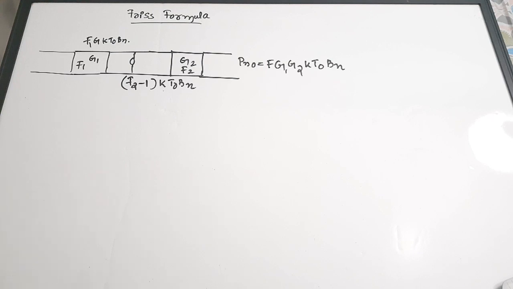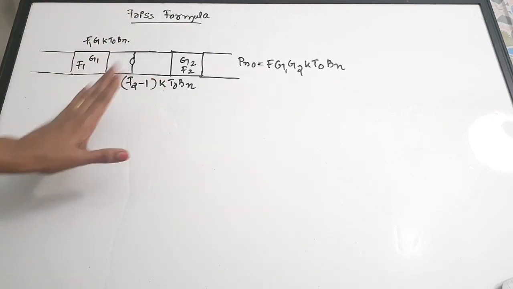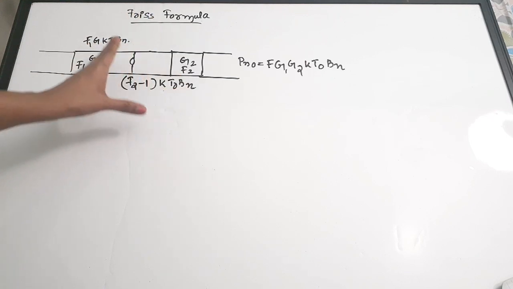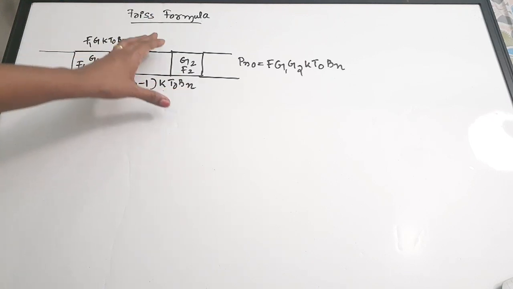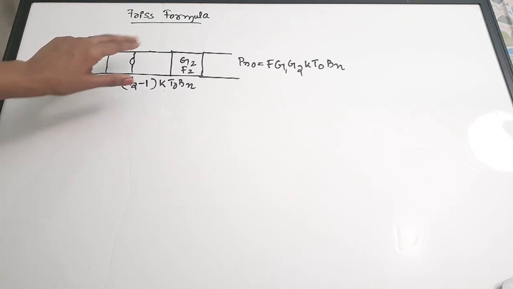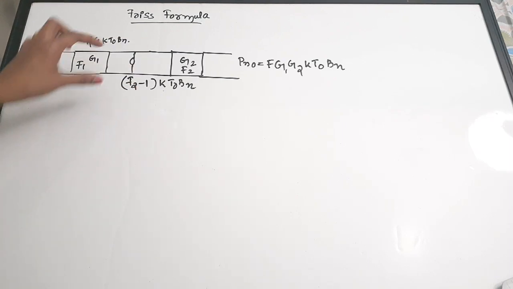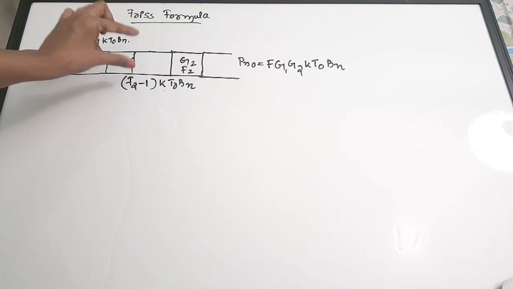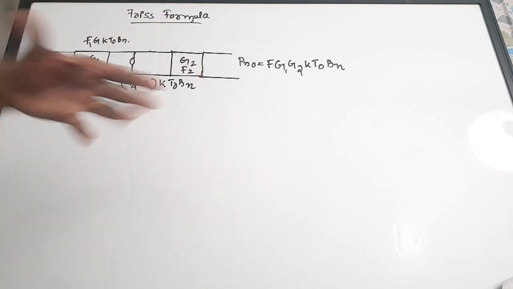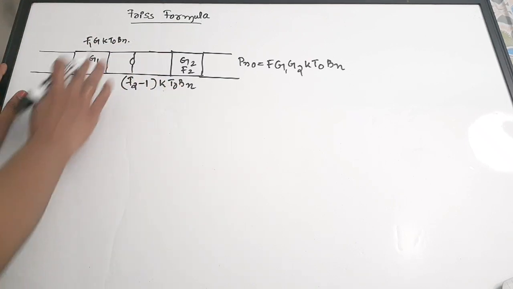Now consider the output of the first stage, at this part, where the noise power is F1 G KT0BN. We have put a noise source in front of the second stage to assume that it is generating this noise power.